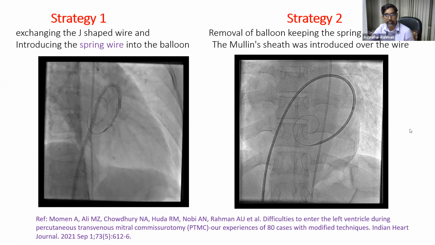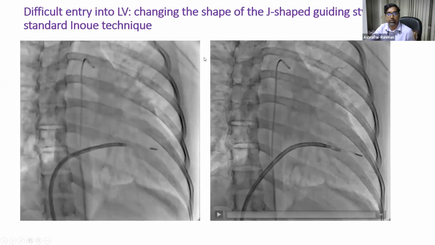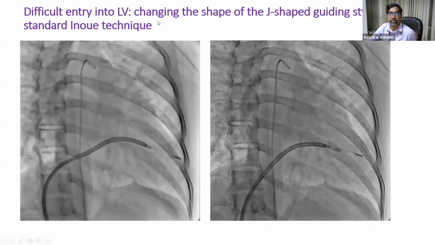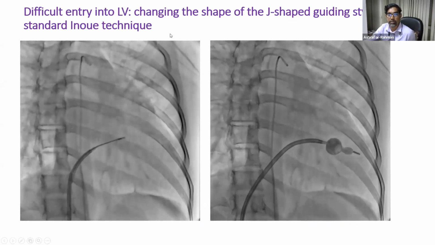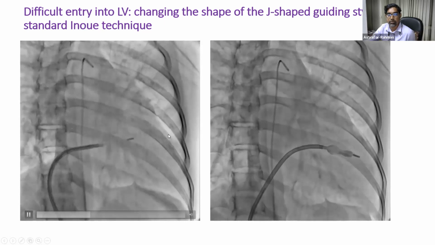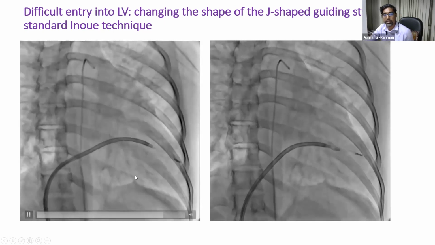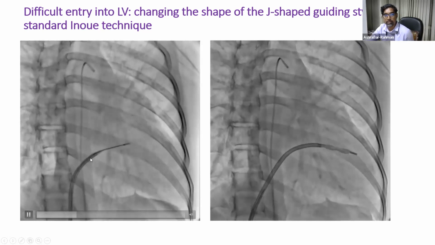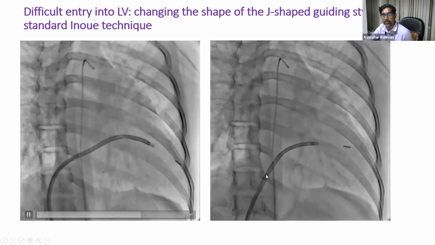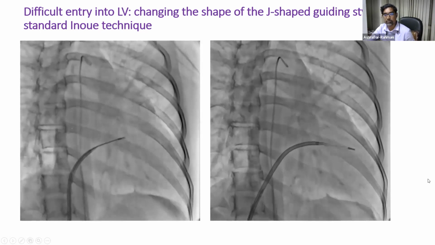But we failed again. Then we again took the J-tipped wire, and by modifying its tip, we were able to enter the LV. But when we entered the LV, you can see the Inoue balloon is hitting the LV wall, and we completed the procedure later.